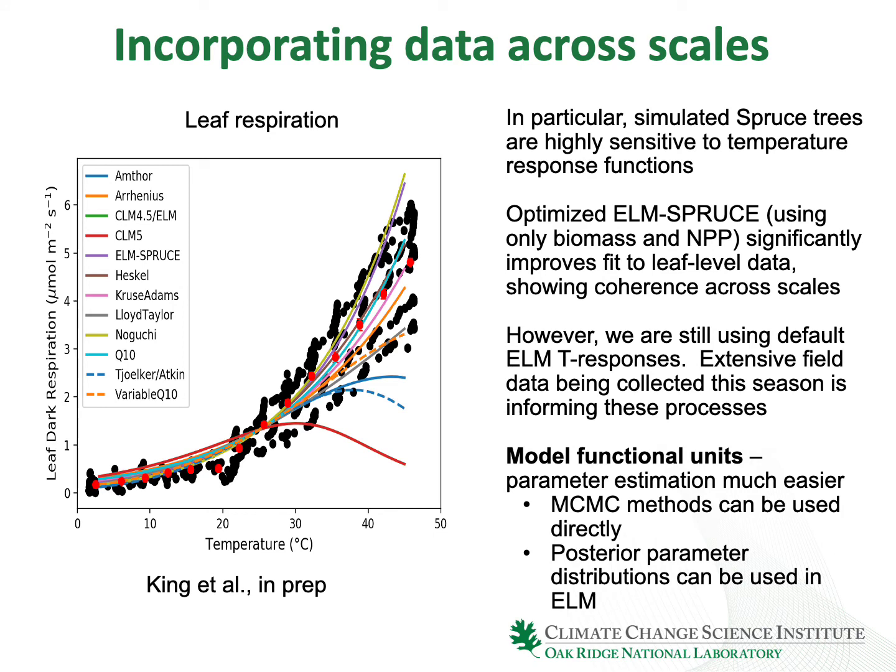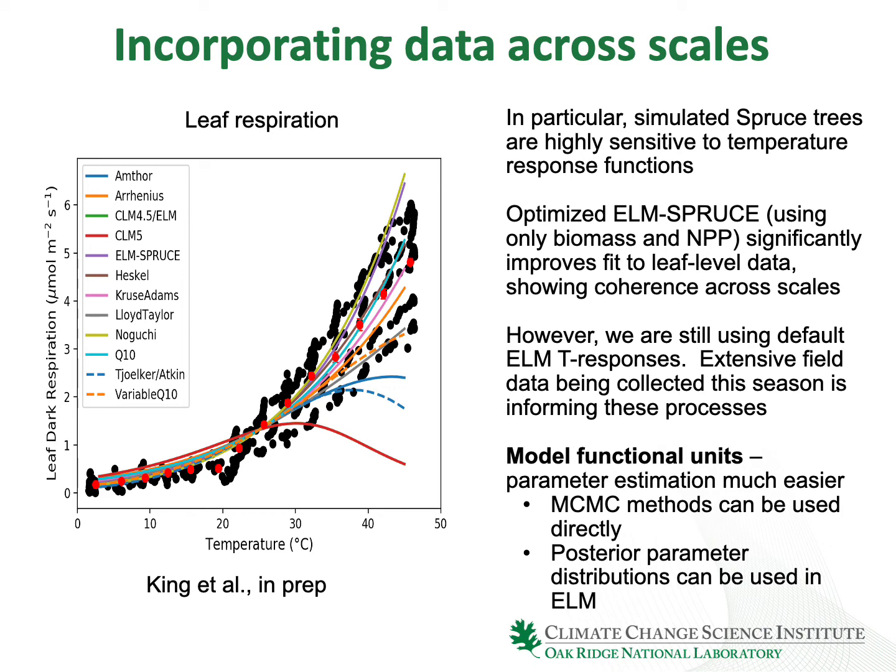One thing I think it's important to recognize is we don't really need to run the full ELM or land surface model for every kind of observation that we want to compare against. And in some cases, there may be just one particular equation or algorithm that we're interested in that we can compare that model and observations directly. And so in this case, we're looking at leaf respiration as a function of temperature.